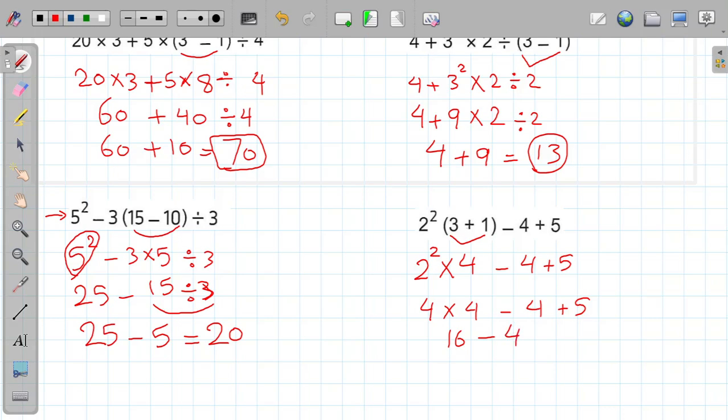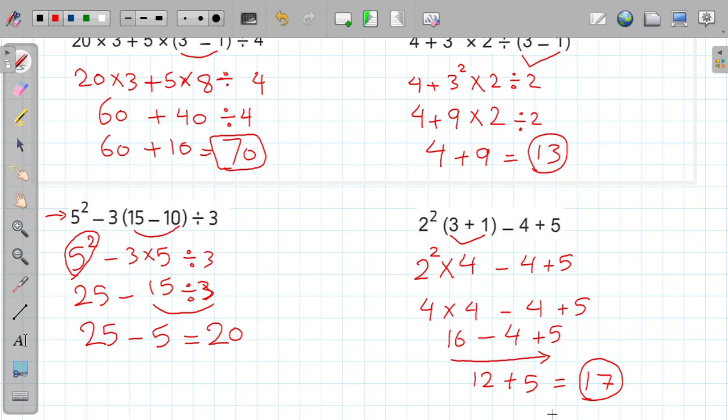Minus 4 plus 5, we have here subtraction and addition, so we do from left to right. So we have 16 minus 4 equals 12, and 12 plus 5 equals 17. So the final result is 17.